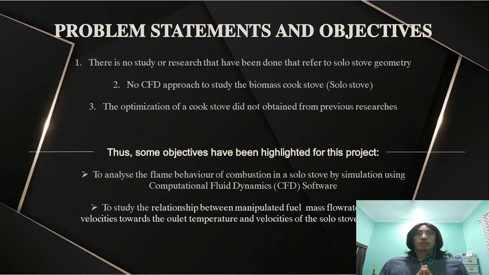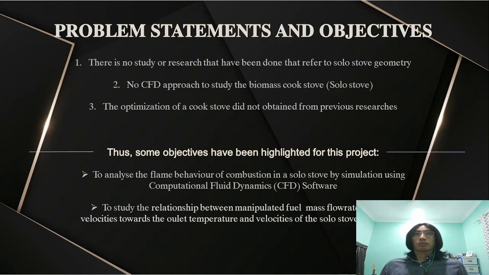Next, we move to problem statement and objective. First of all, after we proceed to completing the final year project, problems have been observed from previous research, and by doing this, I can finalize the objective of this study.